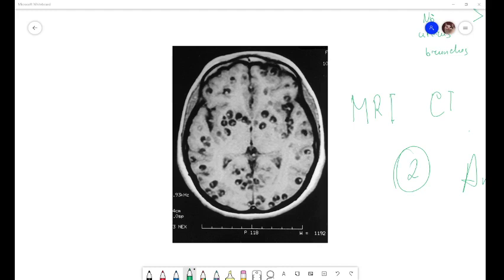As you can see, this is a picture after MRI, and you can see inside the brain a lot of cysticerci, and this is the brain of a dead man. Okay, that is all.